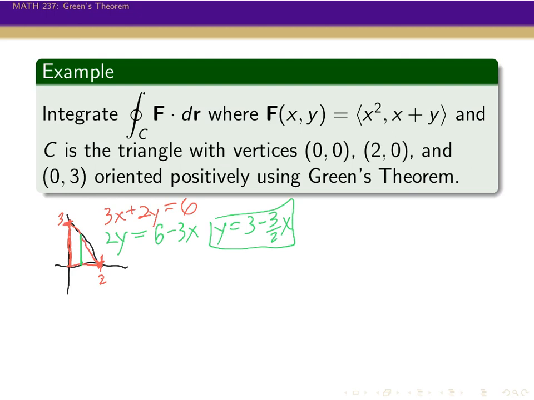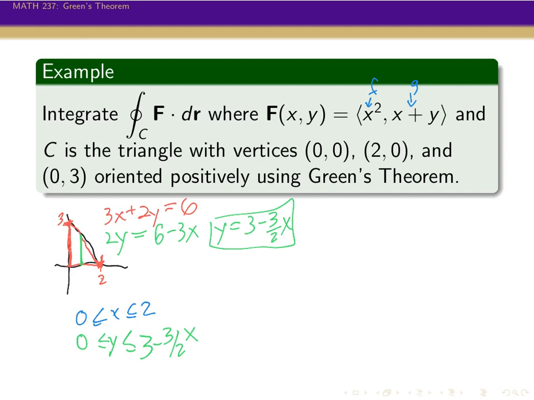And so our y bounds start on the x-axis, so that's 0, going up to 3 minus 3 halves x. And then our x bounds are just going from 0 to 2. Now our f function is x squared. Our g function is x plus y.